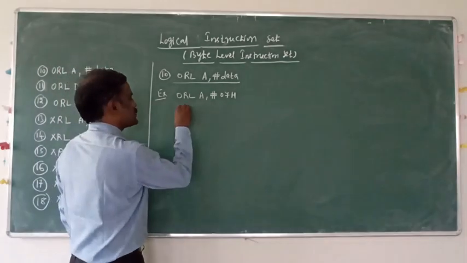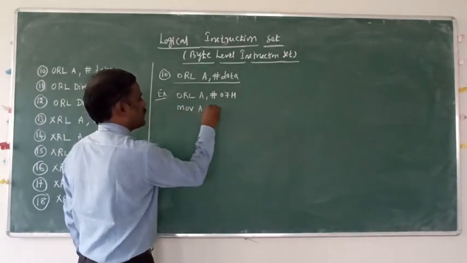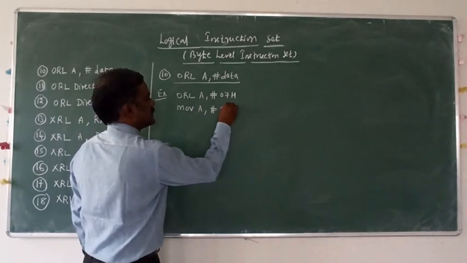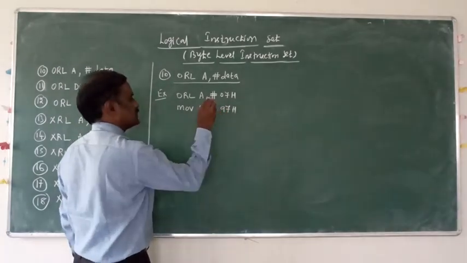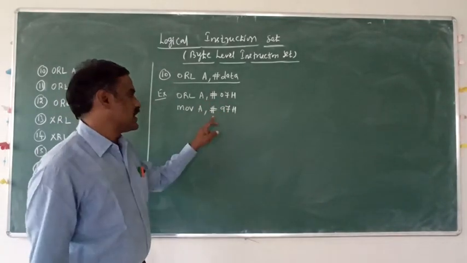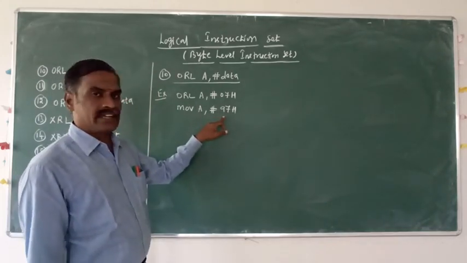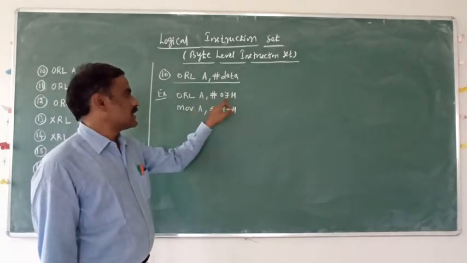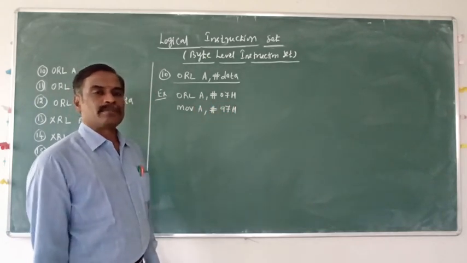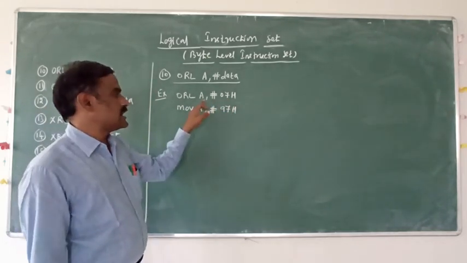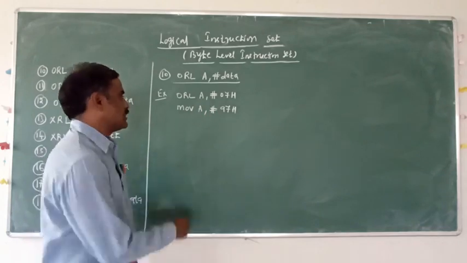For that we can use MOV A comma hash 97H. A register has 97 and the immediately given 8-bit data is 07. Now logically OR these two data.